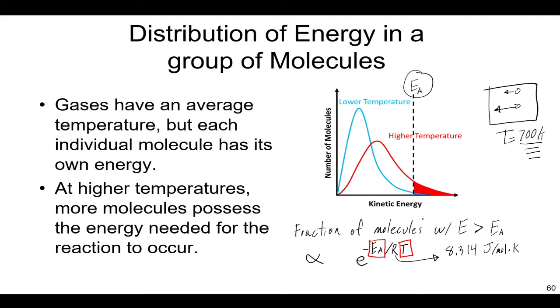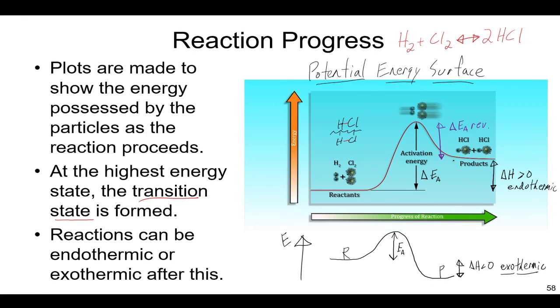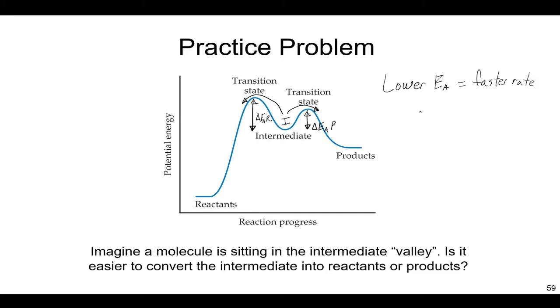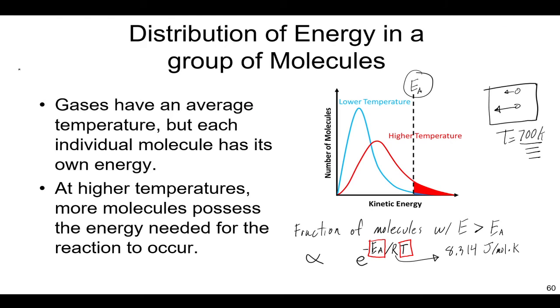So this relationship that describes how many of the molecules that are colliding have enough energy to get over this transition state and go to products should be encompassed somewhere in your rate law, because a rate law is telling you how fast the reaction is.